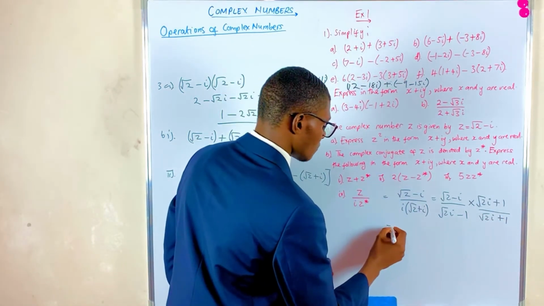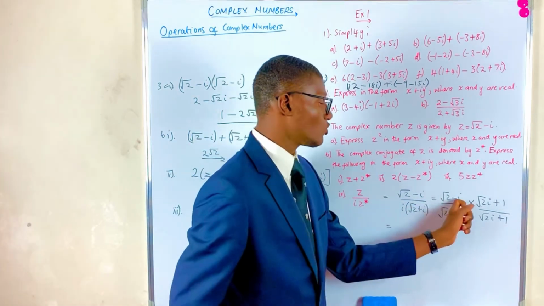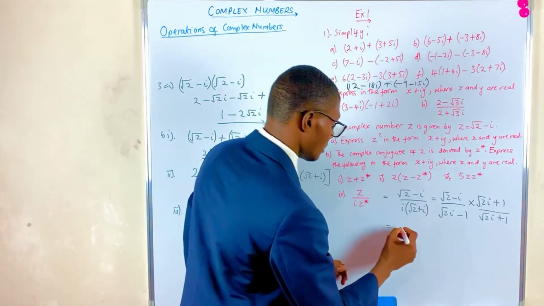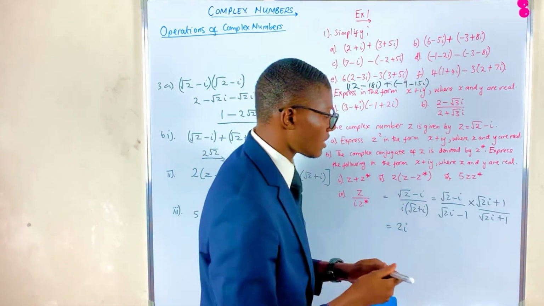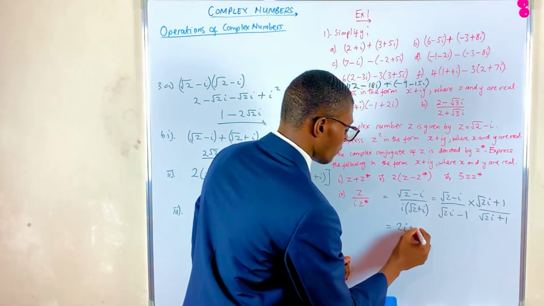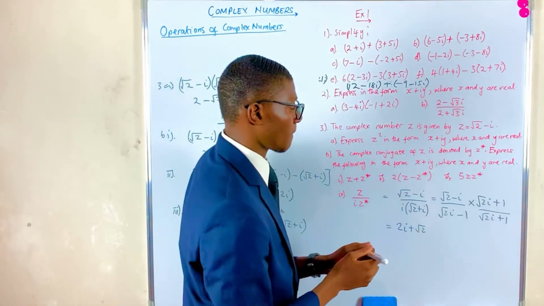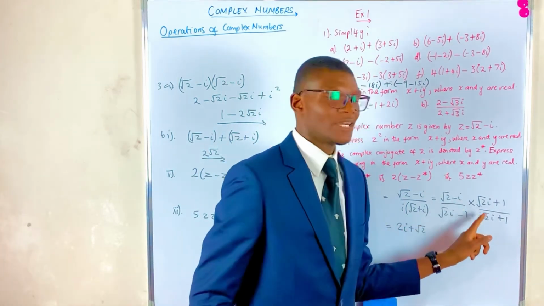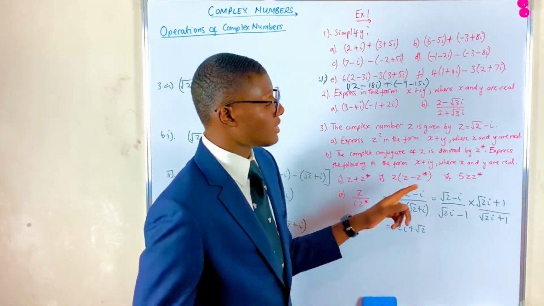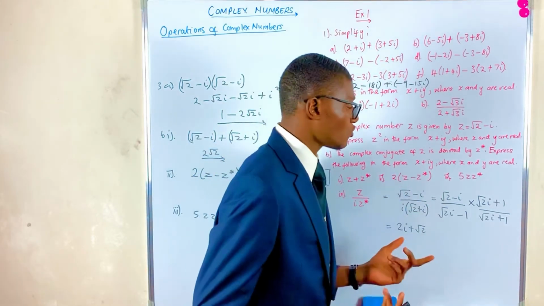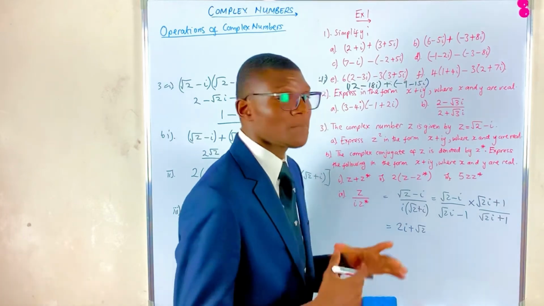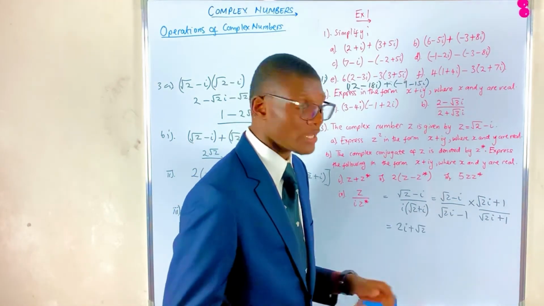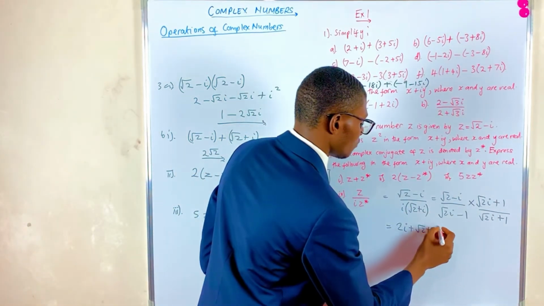And then this would simplify to root 2 times root 2i, we get 2i, right, and then root 2 times 1, we get a root 2, right, and then minus i times root 2i, we get minus root 2i squared. But we know i squared is simply minus 1, so minus root 2 minus 1, we get a plus root 2.